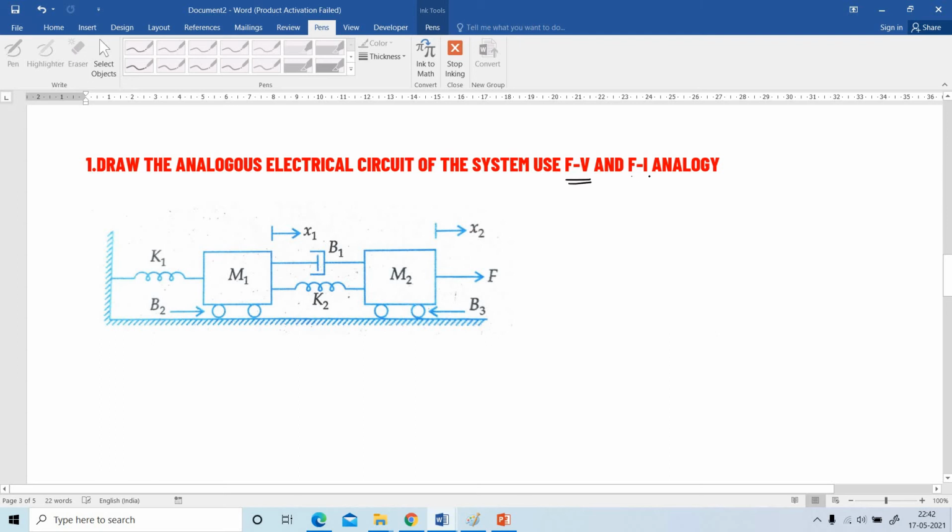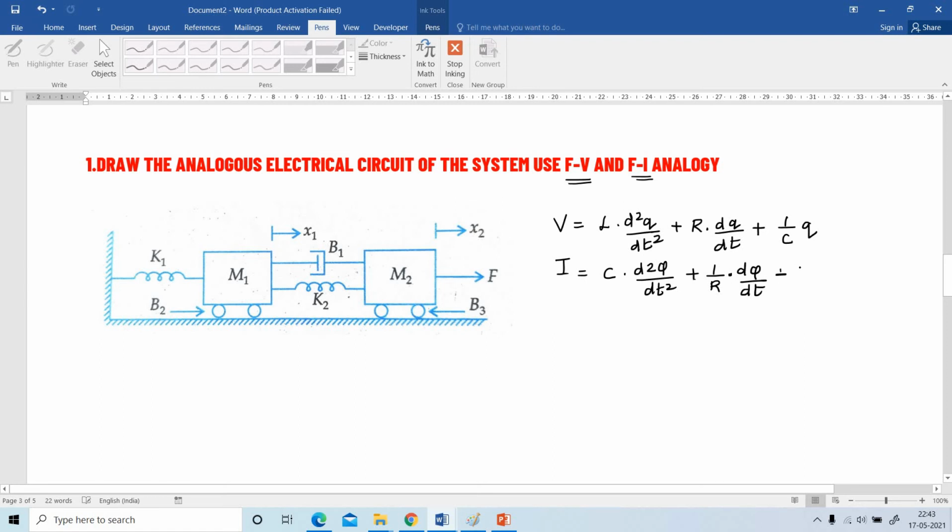For the force voltage analogy, the voltage equation: V is equal to L into d square q by dt square plus R into dq by dt plus 1 by C into Q. In the similar manner, I is equal to C into d square pi by dt square plus 1 by R into d pi by dt plus 1 by L into pi.